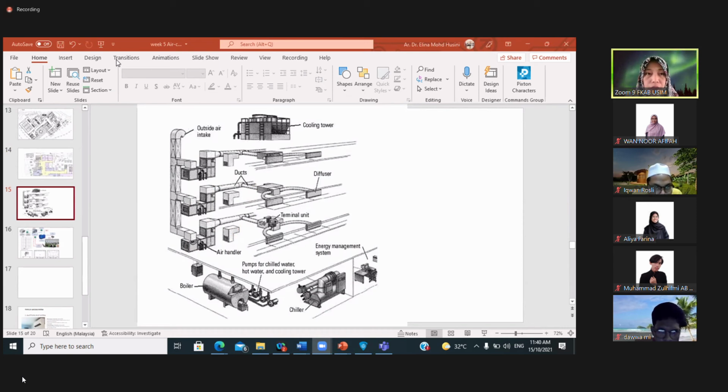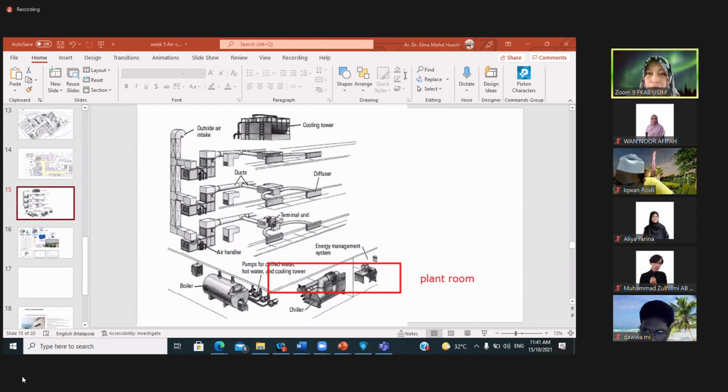Kita kena provide the space, maknanya ada pump room. They must have a pump room down there. Biasanya dekat ground floor. Why? Because inside a pump room there is a huge mechanical system, machine, motor, very huge. So biasanya ada plant room.